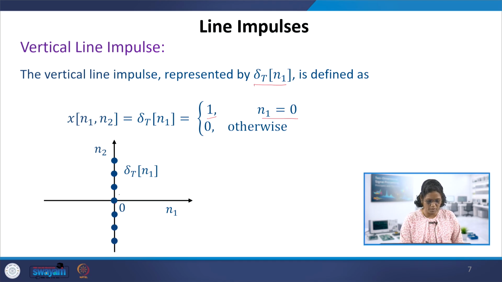This is called an impulse, which is del t of n1. We can have this del of n1 comma n2 as one impulse this way, that is a vertical line impulse, as we had given in the separability concept, del of n1 and del of n2. So this is del of n1, a vertical impulse shown over here. n2 can take any value, but n1 will be 0.